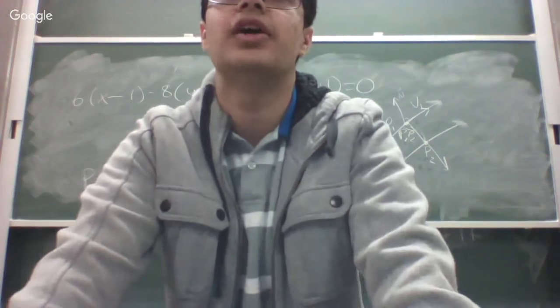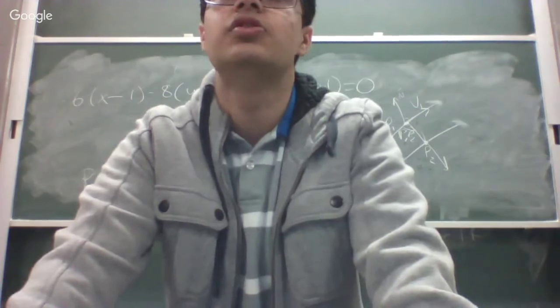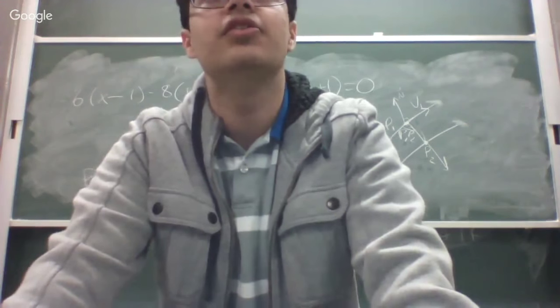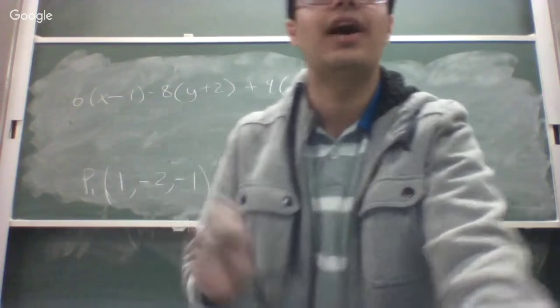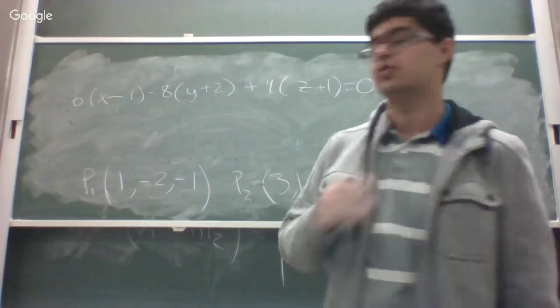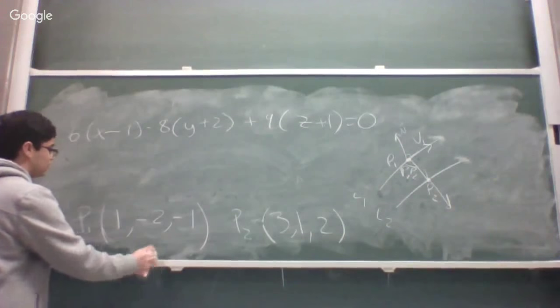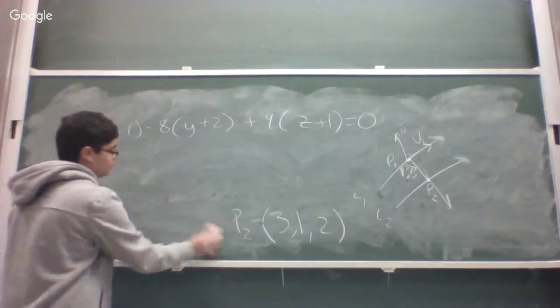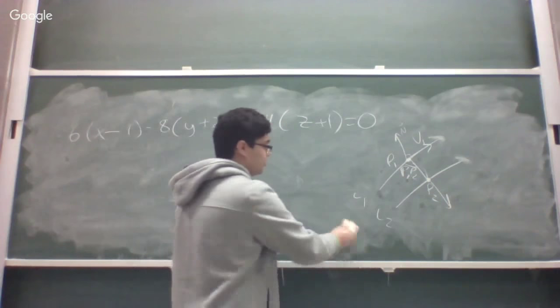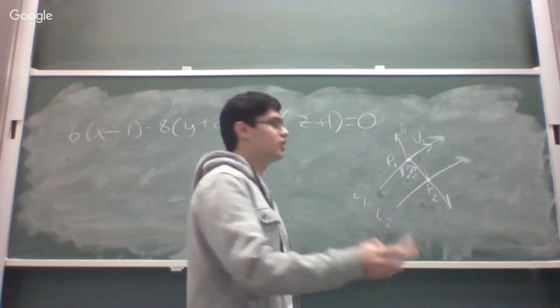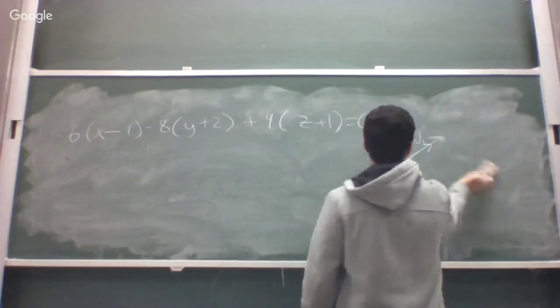So what do you have to find? The normal vector, okay? So your goal should always be to go to the normal vector. Since we are given the equation of a line, what does the equation of a line lead to? It leads to a vector with the I, J, and K, okay? But that's just one vector.